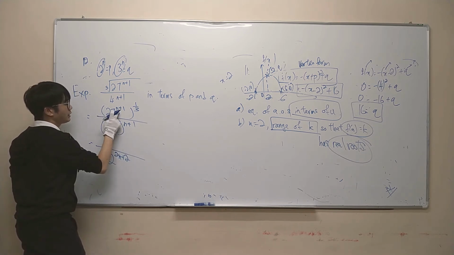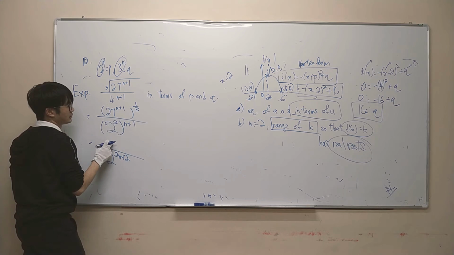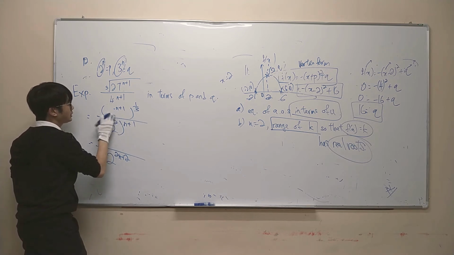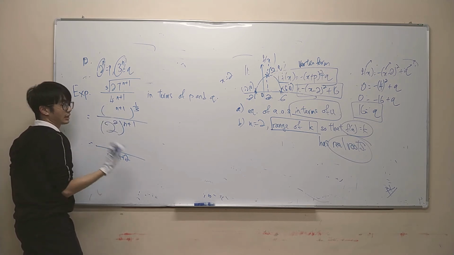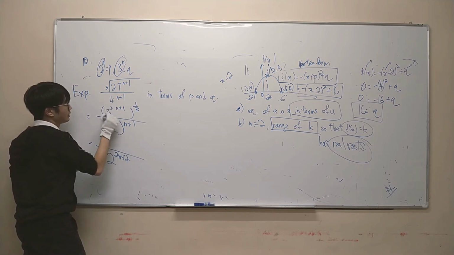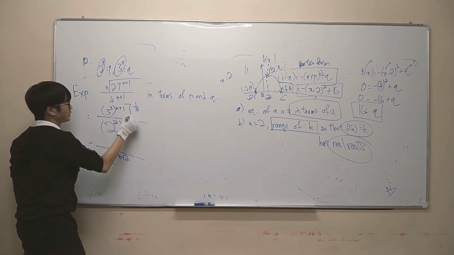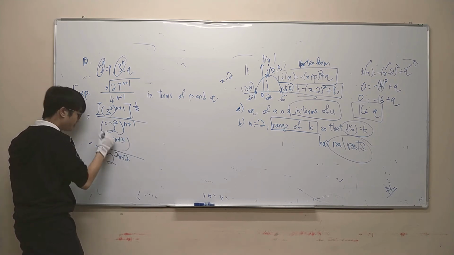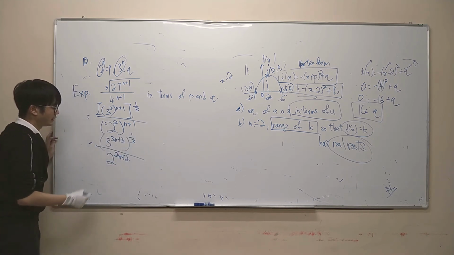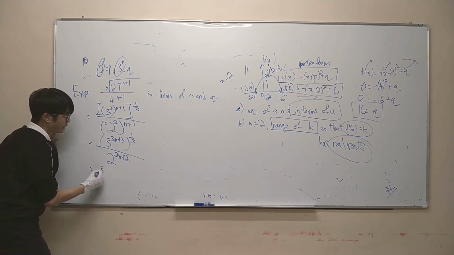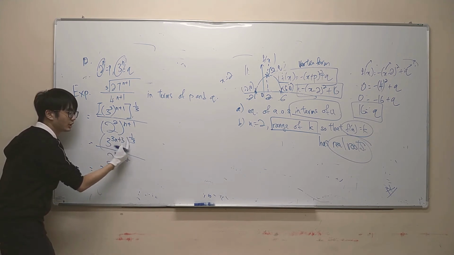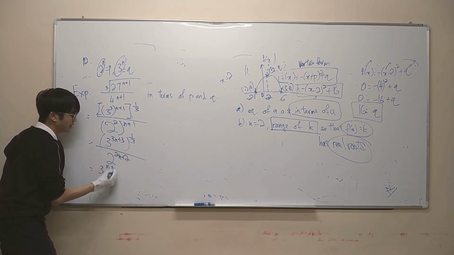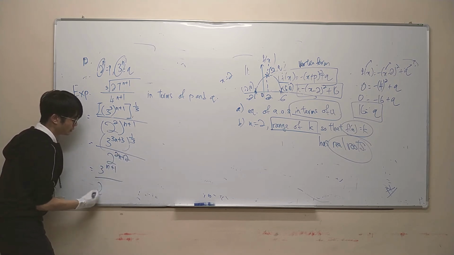What is 27 power n plus 1? Okay, sebenarnya 27 boleh juga tukar jadi base yang kecil, which is 3 power 3, right? And then it will become like this already. So it will become what? 3 power 3n plus 3, and then power with 1 over 3. And then 3 power, okay, yang ni boleh times juga. 3n times 1 over 3 is just n, and then here will just be 1, and then over 2 power 2n plus 2.